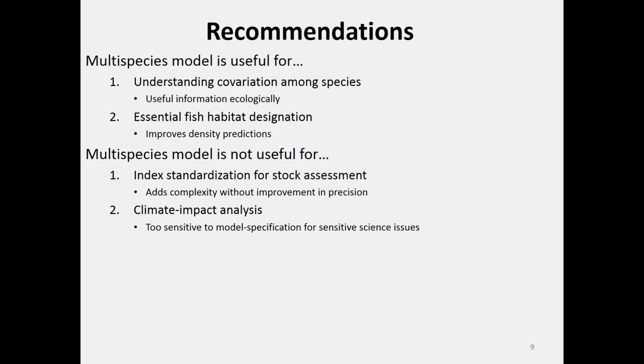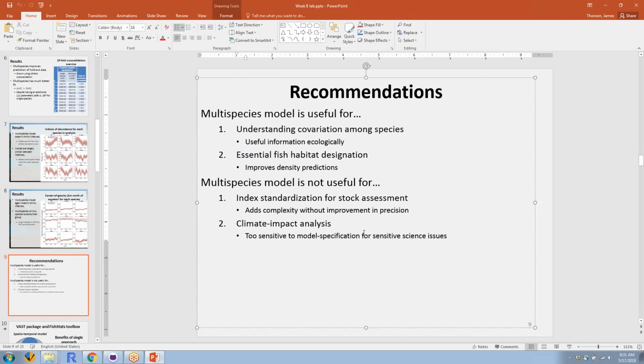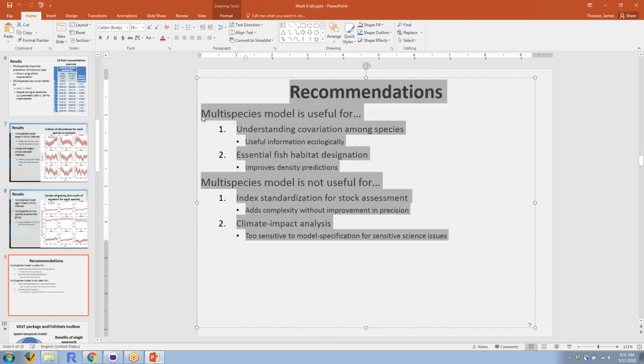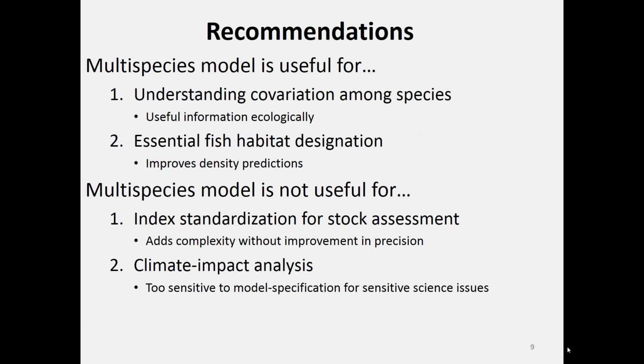Basically my takeaway was that these multi-species models were nice for understanding covariance between species. They also improved predictions of fine scale variation in density, so they'd be better for identifying habitat or doing adaptive survey optimization, anything that cares about predicting density at fine scales.